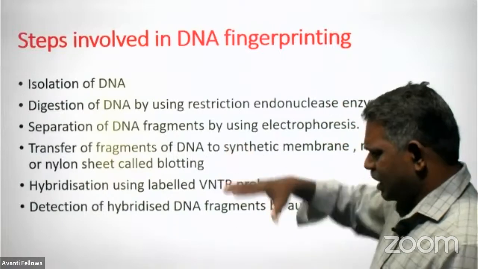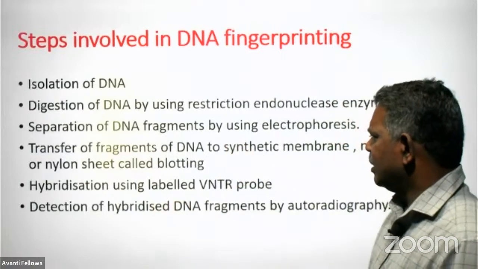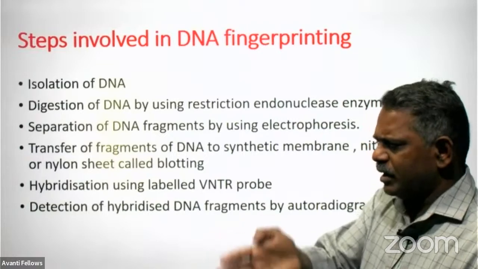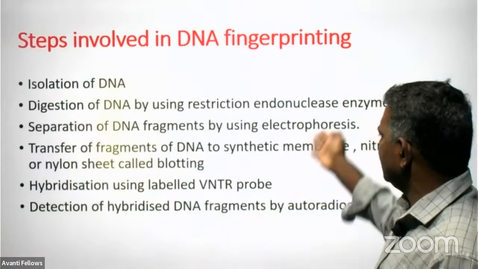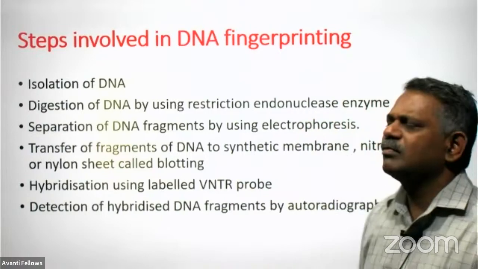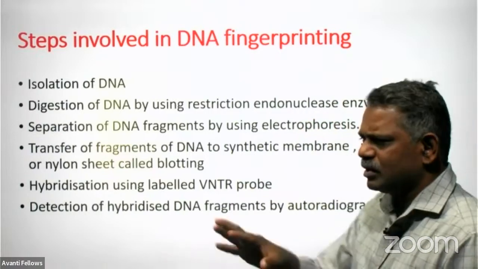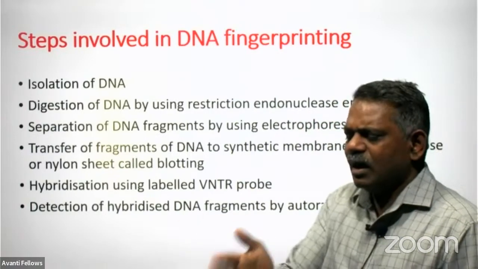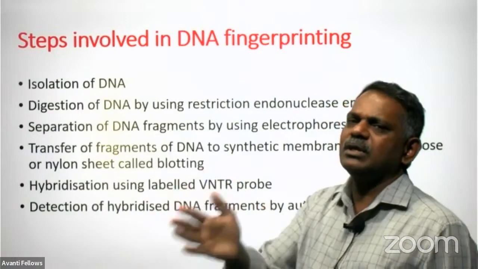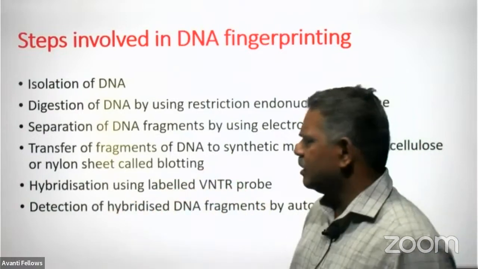After separation, we have to convert the double-stranded DNA into single-stranded DNA in the gel itself. We treat it with alkaline material and convert the double-stranded DNA into single-stranded after separating the fragments.